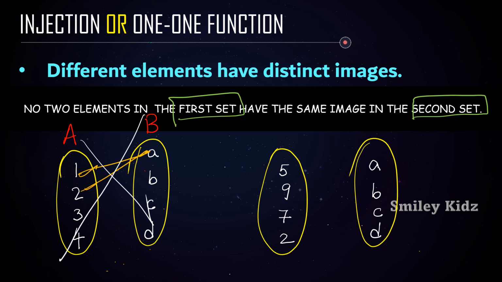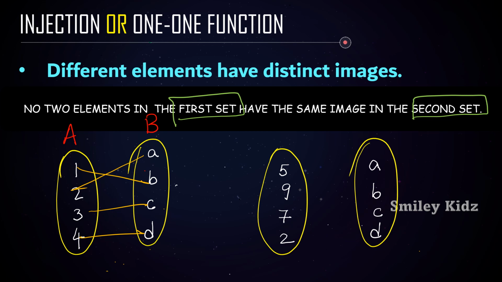This is not a 1-1 function. The elements in A should have a unique mapping with the elements in B. Let's say 1 is mapped with B. It is not mapped with any other image in B, right? Such a function is known as a 1-1 function.